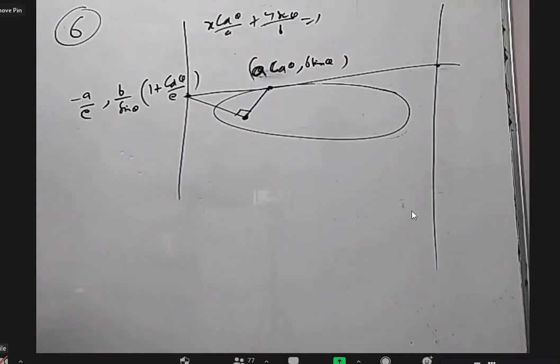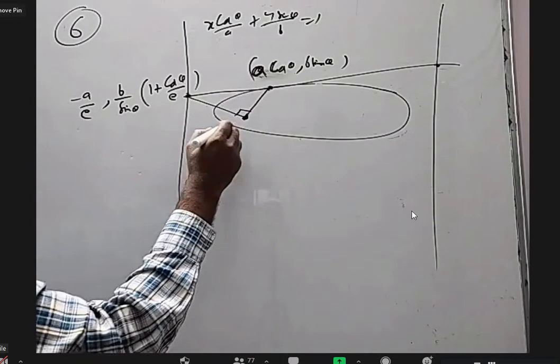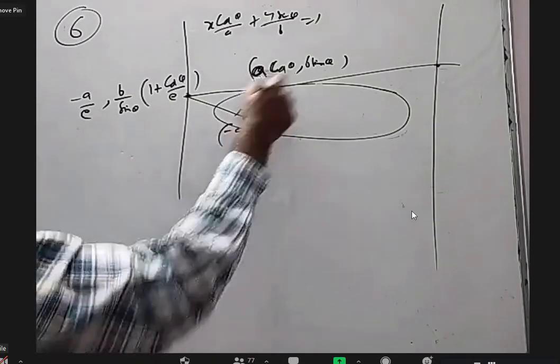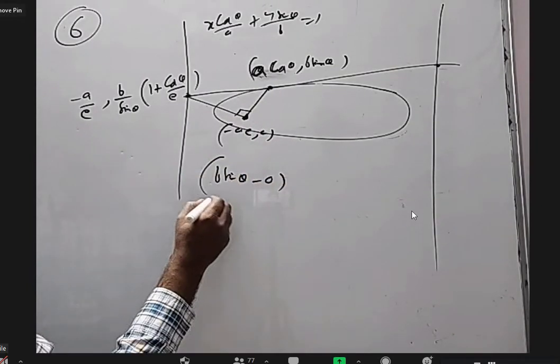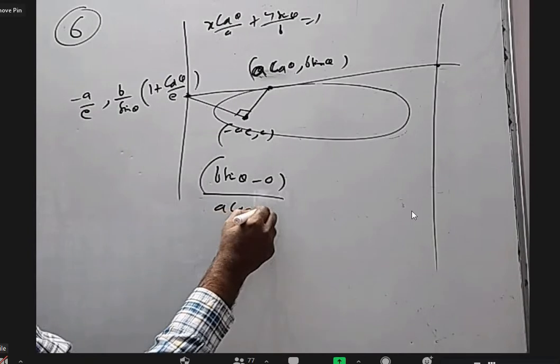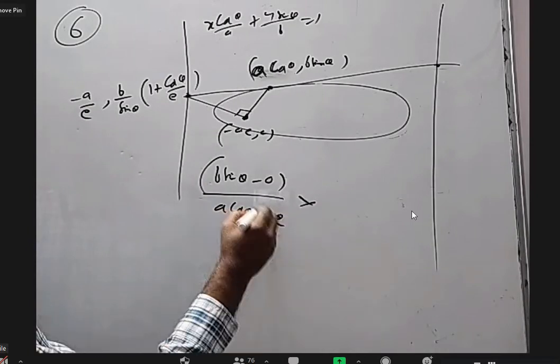Okay. What is this? This is minus ae comma 0. What is the slope? (b sin theta minus 0) by (a cos theta plus ae).